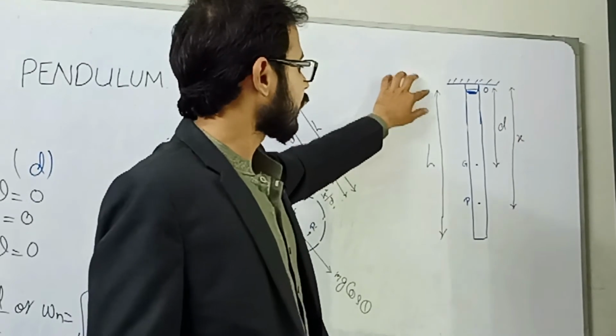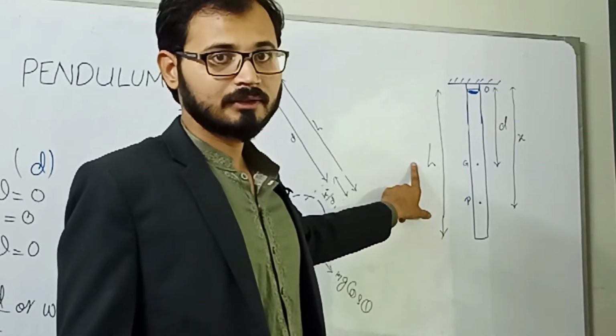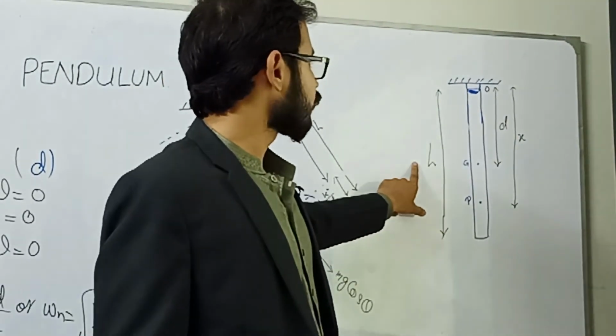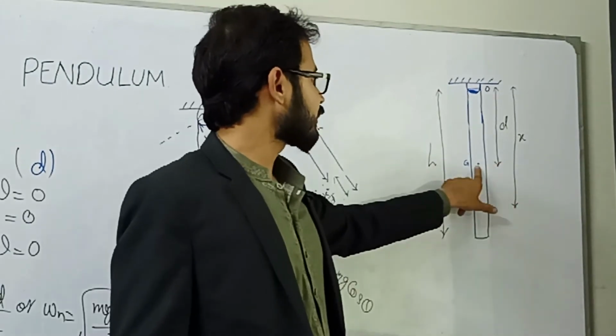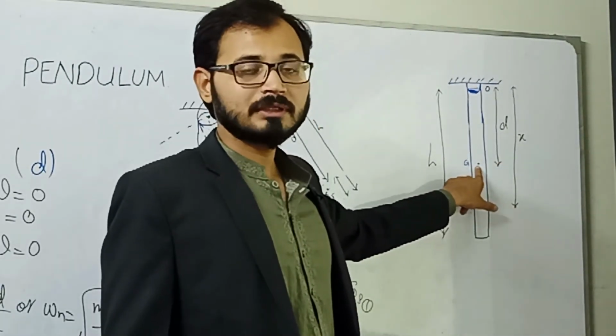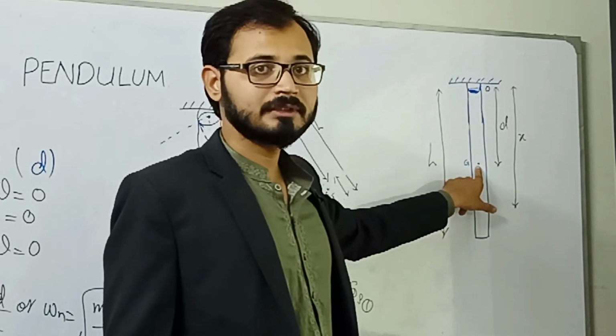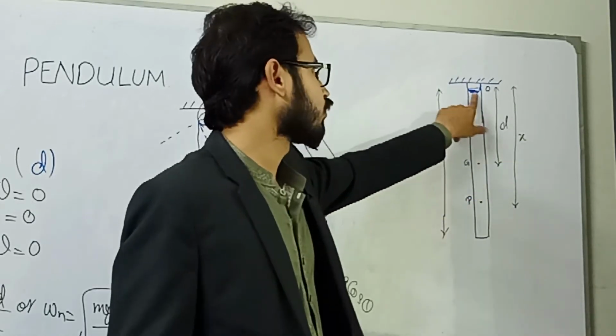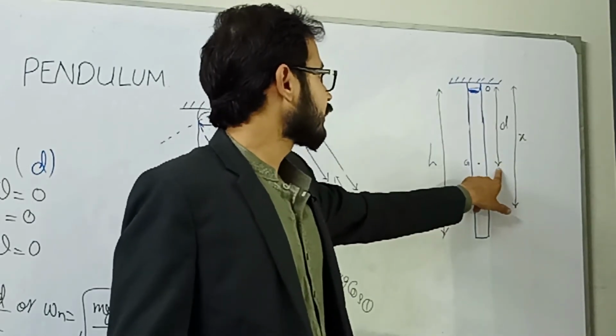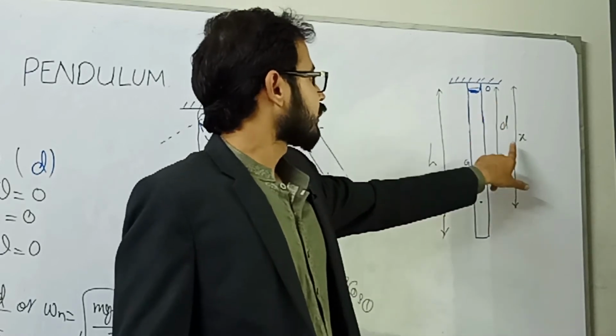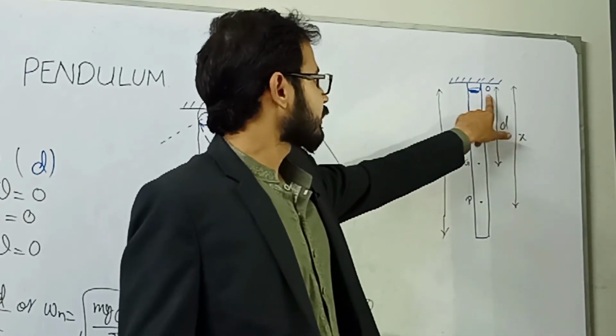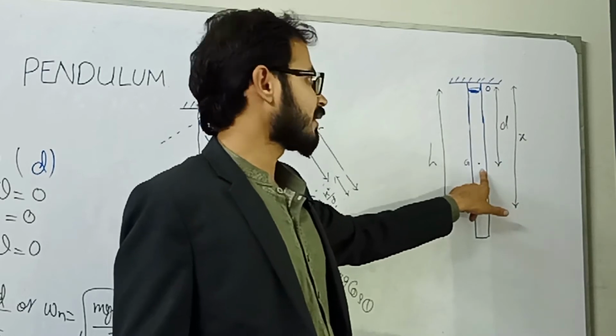Total length of this beam is L, and we are assuming that the center of mass is at distance D from the point of suspension O. So this D is the distance from the suspension of the beam to its center of mass.